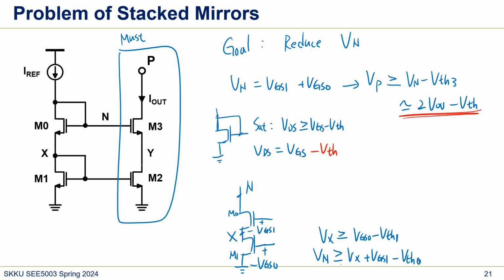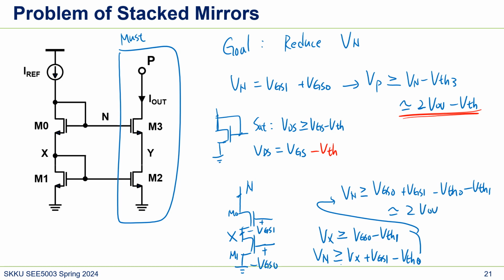So technically, if we combine these two, Vn can be as low as, we can just substitute that, VGS0 plus VGS1 minus VTH0 minus VTH1, which is around 2 VOV. So can you see the difference?